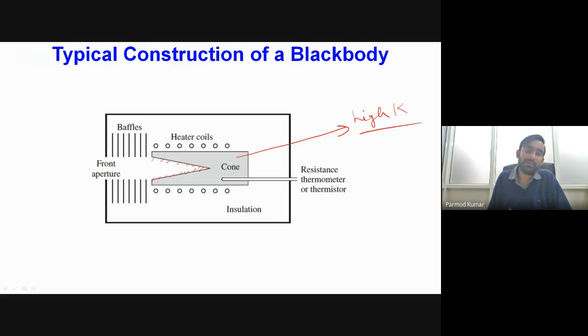Now, if we have to calibrate the device, then we should have some source of known radiative flux. With the help of the known radiative heat flux, we will measure the output EMF and then relate it to the temperature. If we have a black body, the black body radiation will be equal to sigma times Ts to the power 4, where Ts is the temperature of this surface, obtained with the help of this RTD.